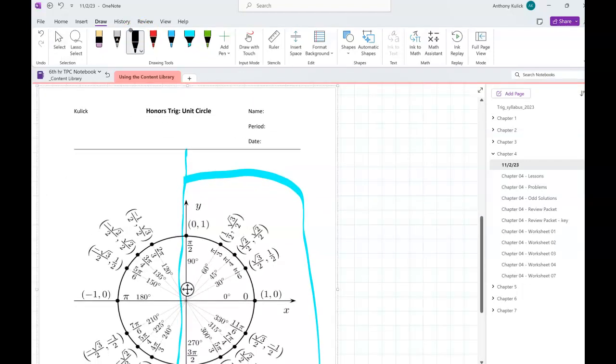All right. When we look at our unit circle, we have these points here. Do you remember what the x and y coordinates for these points represent? The x coordinate is cosine theta, and the y coordinate is sine theta.